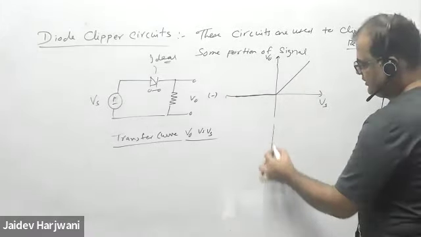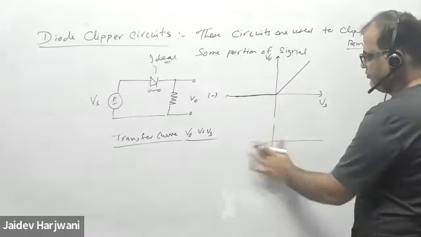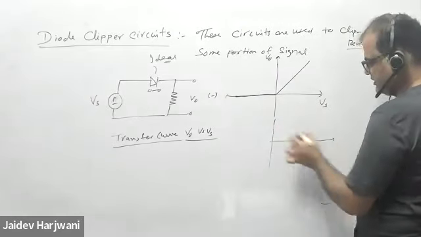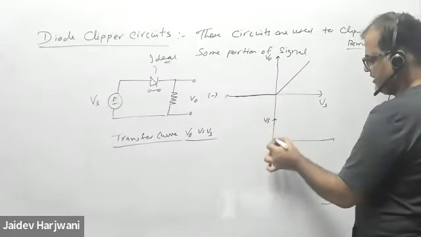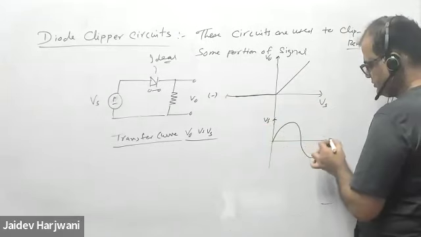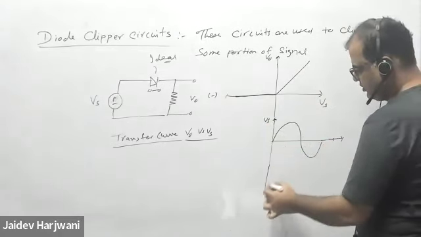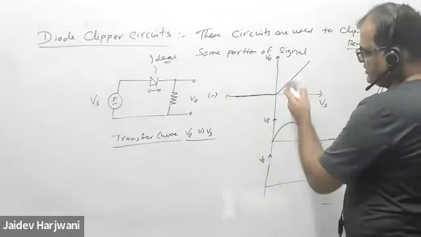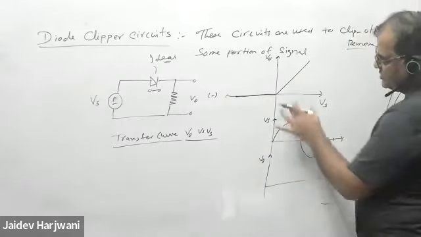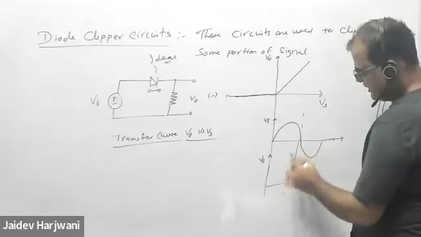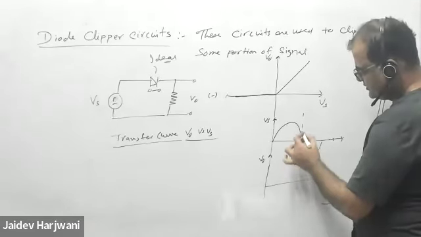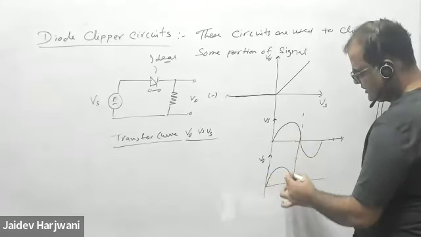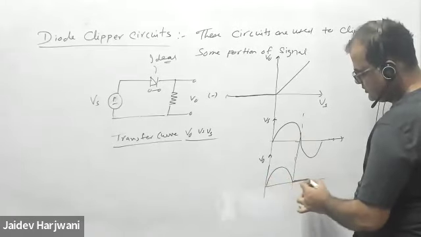Now if my V input is a sine wave and I want to plot V naught, by looking at this graph I can easily find it: for the positive part my output is the same as the input, and for the negative part it is 0.